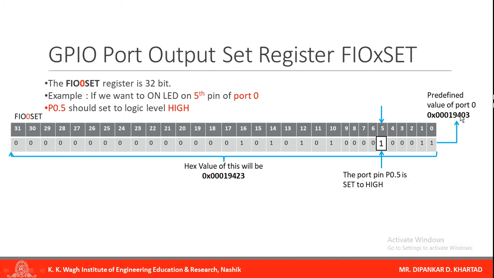Previously it was 0x19403. Now it is set, so it is 0x19423. So to set the pin you have to write the instruction like FIO0SET = 0x20. So this is the hex value of this pin number.